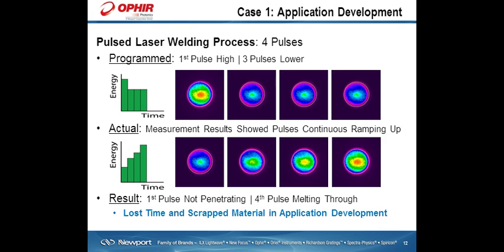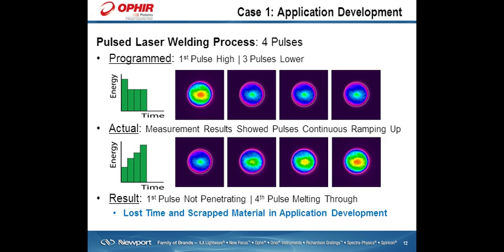But the laser was not performing the way it was programmed. So that's where we came in, with the laser performance measurement tool to try to analyze and troubleshoot what was going on with this particular laser. Well, what we measured actually was a low energy pulse followed by a ramping up of each consecutive pulse.